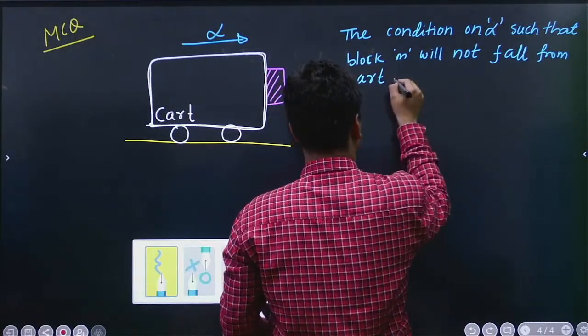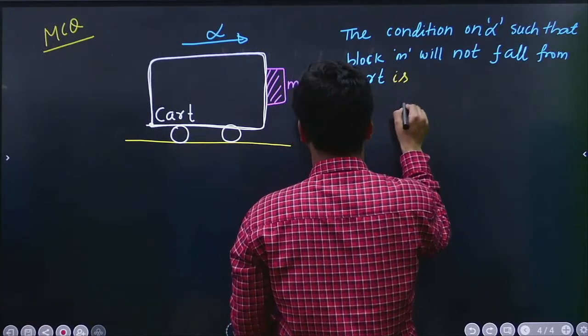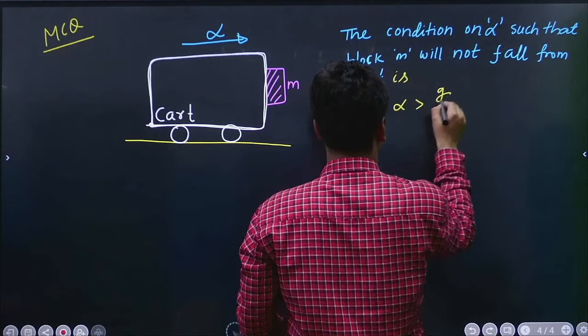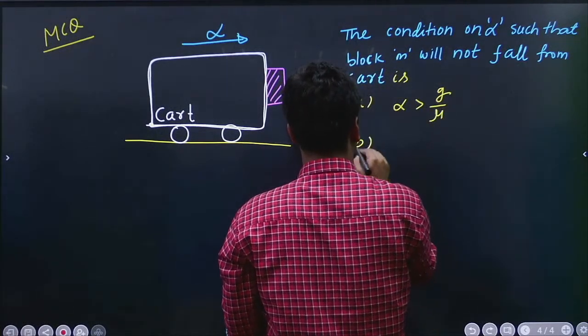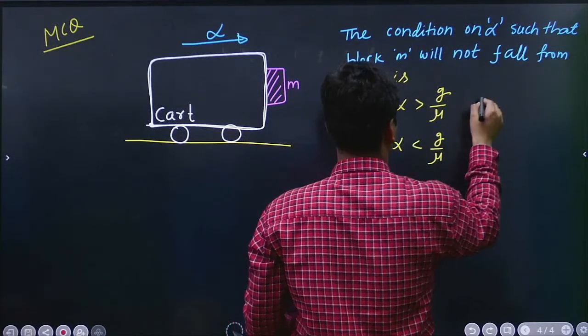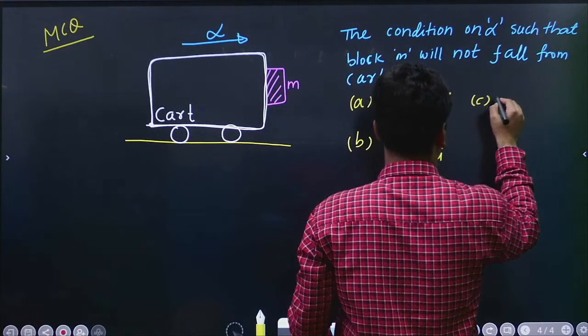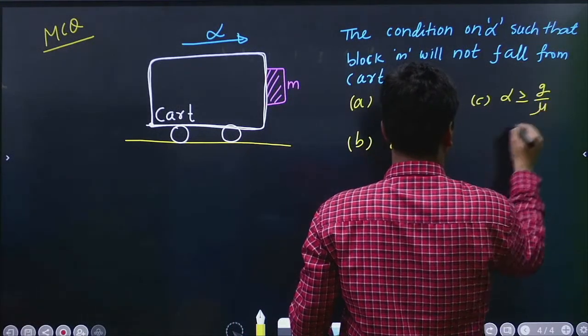Okay, options are given. Option A: alpha greater than or equal to g by mu, and option B: alpha less than or equal to g by mu. Option C: alpha greater than or equal to g by mu.